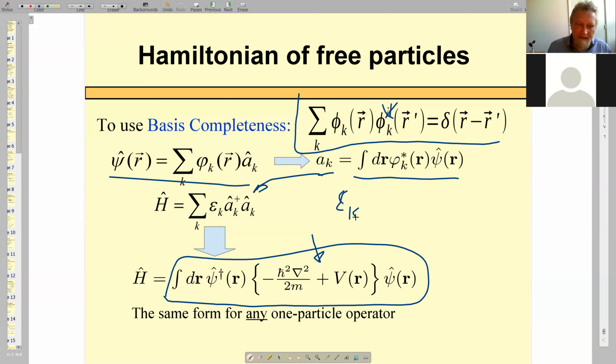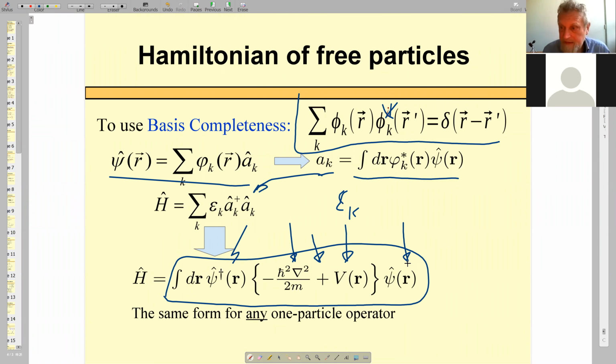So we recognize kinetic energy and potential energy. So I can think of separate operators of kinetic and potential energy. It is quadratic in terms of creation and annihilation operators. So we find it here and here.